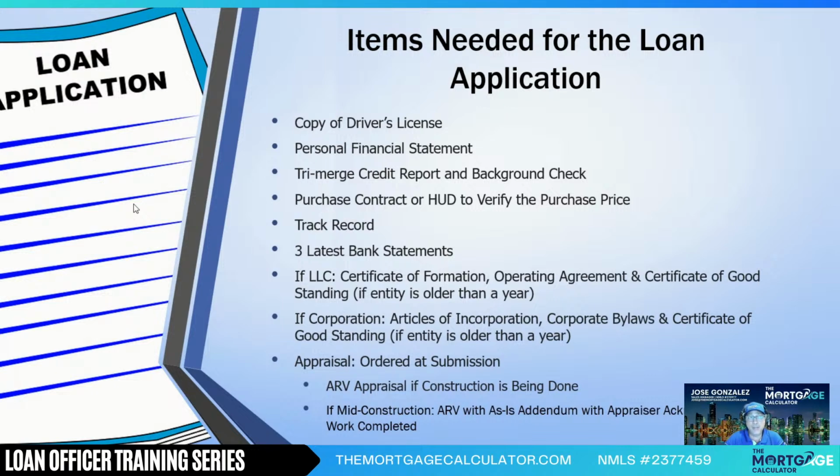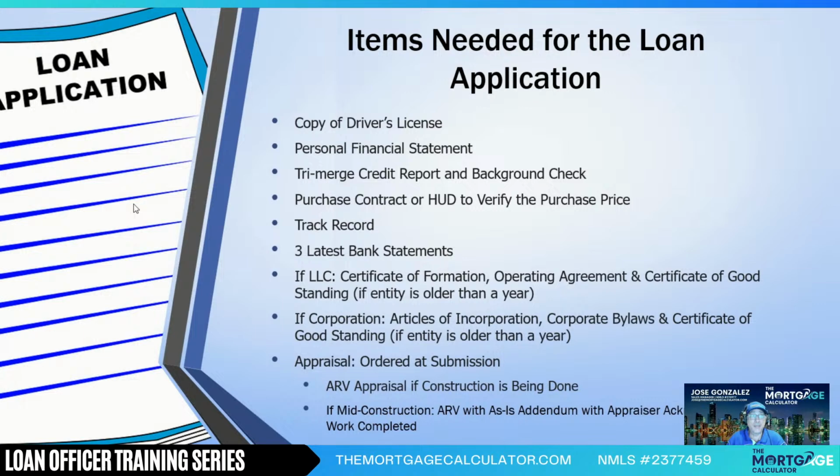They're very similar to the items needed for the fix and flip loan, pretty much the same. They're just analyzed differently because of the different requirements. For example, fix and flip did not have a net worth requirement equal to 10% of the loan amount. You just had to meet the reserve requirements, and that's it.